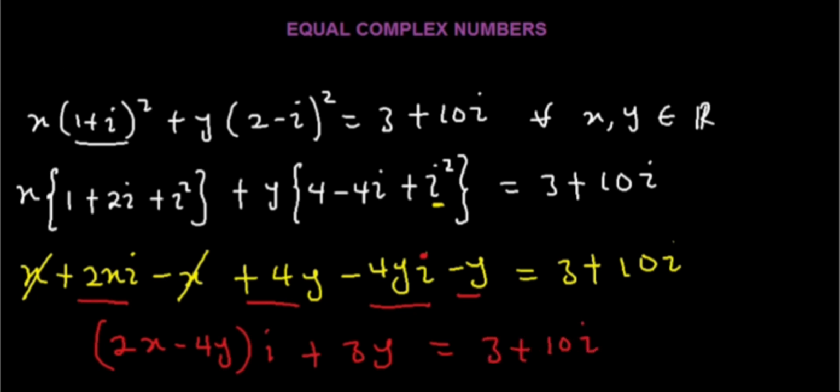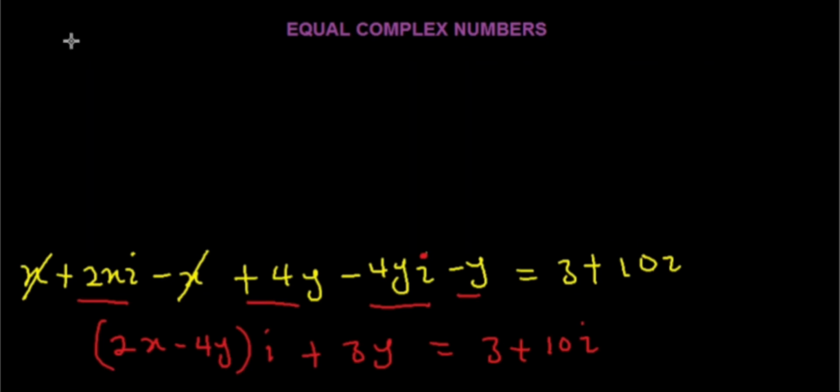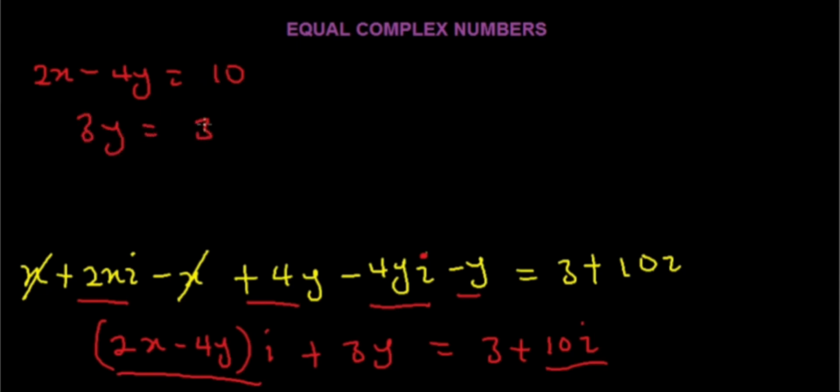Alright, it's time for us to compare as equal complex numbers. The one that has i here will be equal to the one that has i here. So I will have 2x minus 4y is equal to 10, because they both have i. Then 3y is equal to 3. So from the second equation, y is equal to 1.